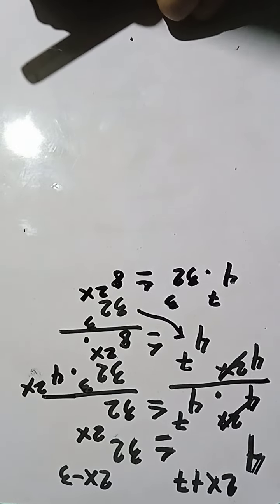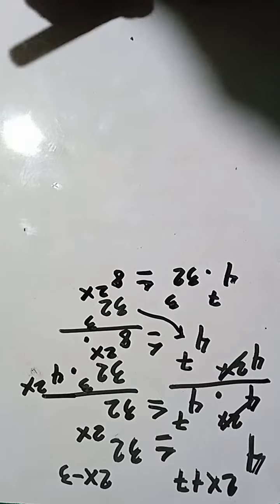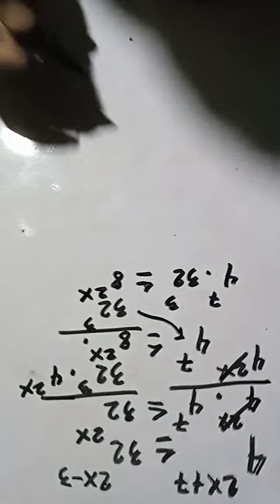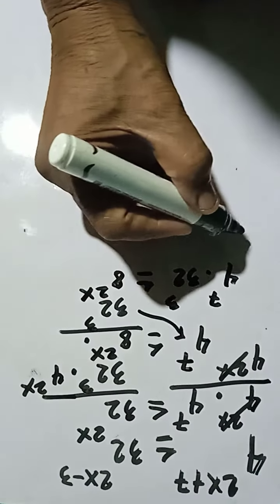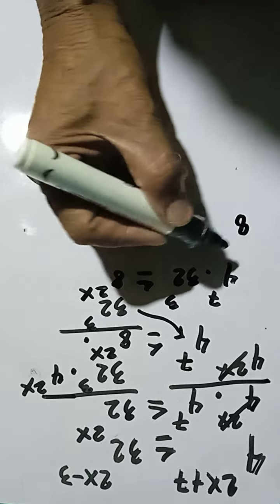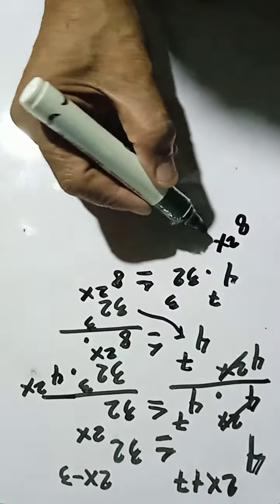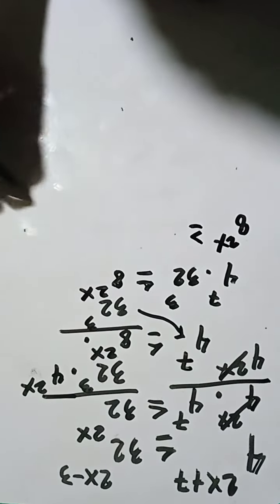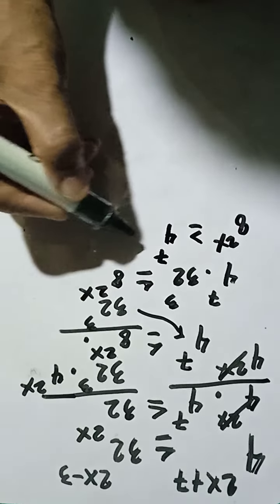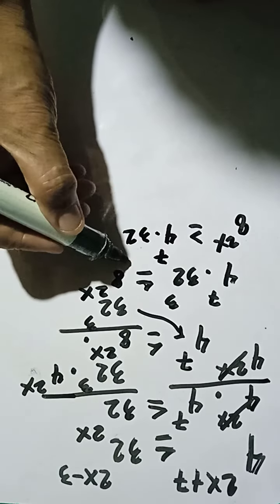So now we will use the commutative property. So we have 8 raised to 2x is greater than or equal to 4 raised to 7 times 32 cube.